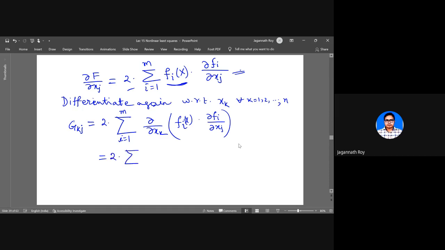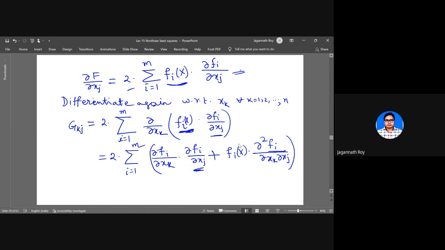So this is 2 times the summation i equals 1 to m of del fi del xk into del fi del xj plus, okay, when we are differentiating this one and this one remains constant, so we'll have fi times del 2 fi del xk del xj. Okay. So this is our result.